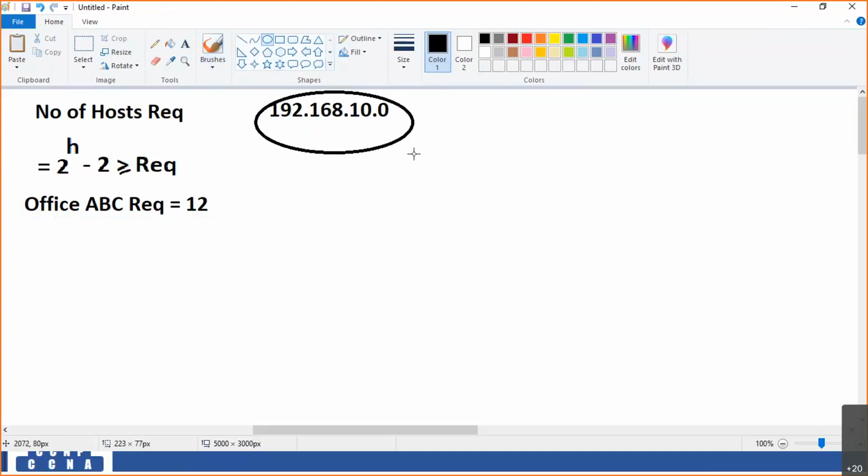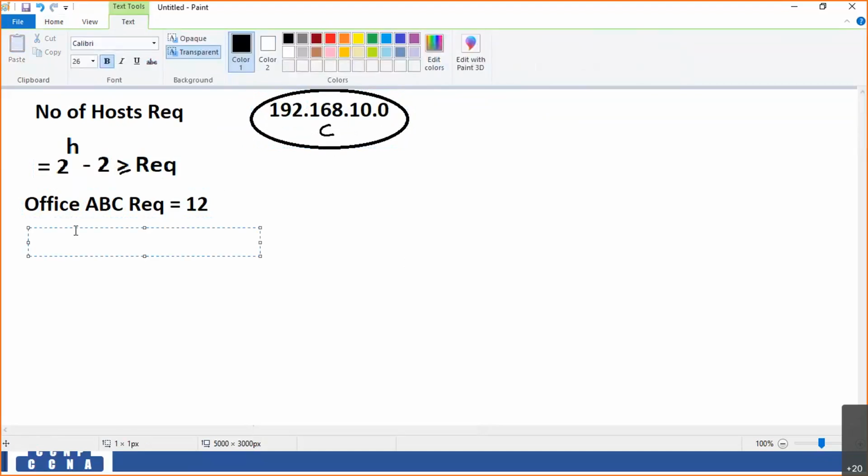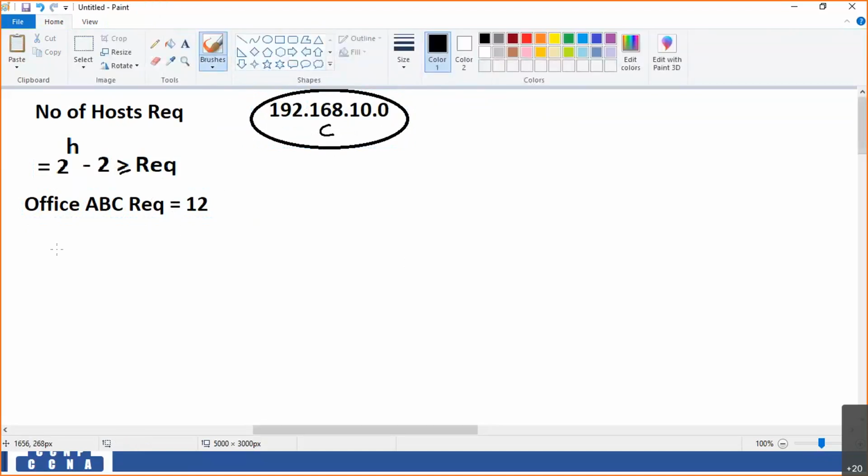This network we need to customize for 12 IP addresses. Clear? The first step: 2 power h minus 2 greater than or equal to the requirement, which is 12.